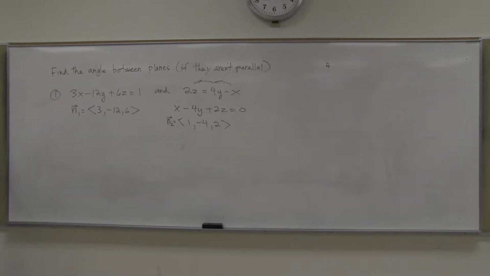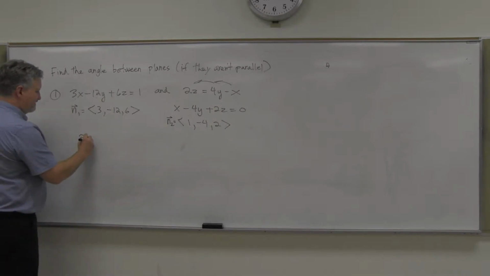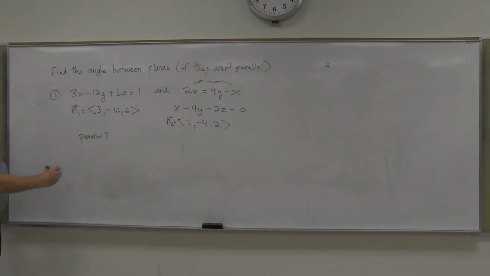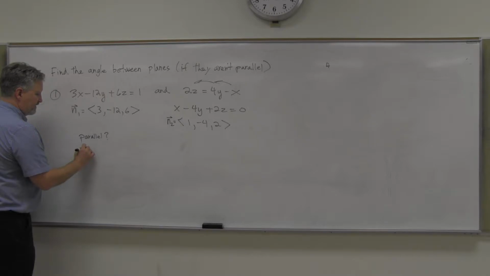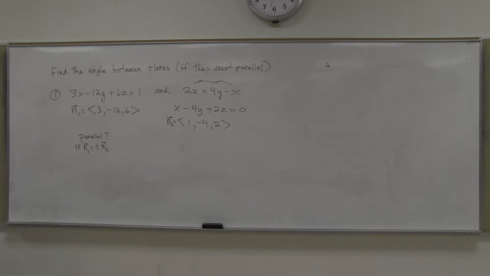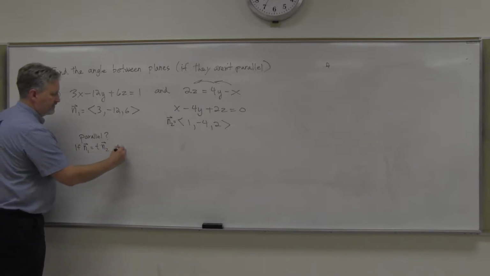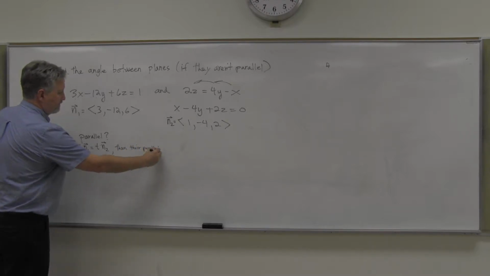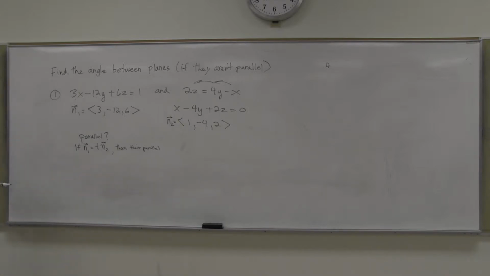And so that's where you want to check whether or not they're parallel, first of all. And again, remember, they're parallel if one normal vector is a multiple of the other normal vector. Which is what we've got here, isn't it?